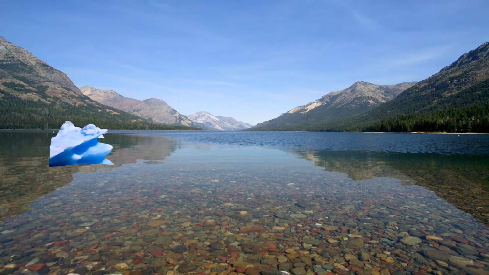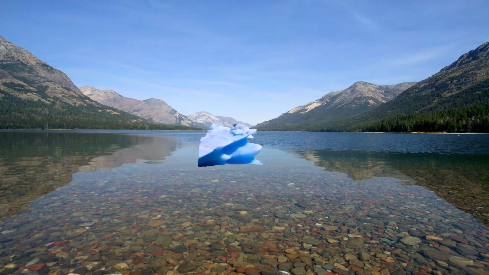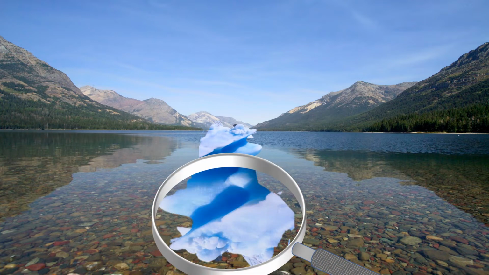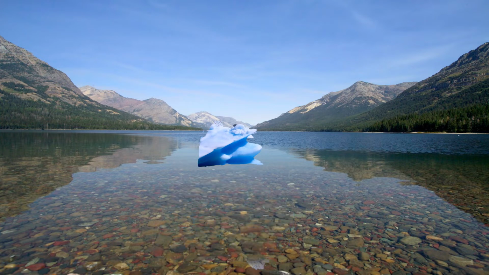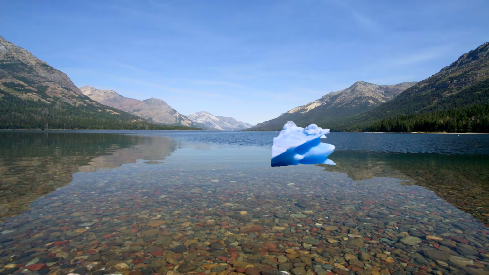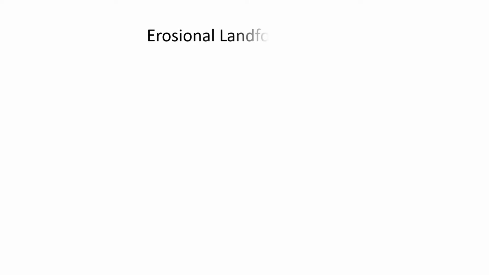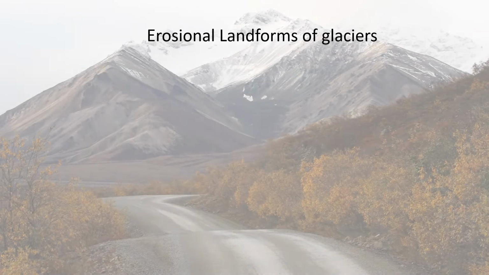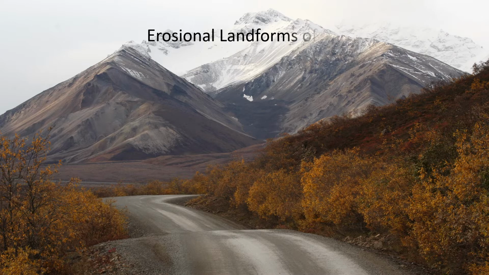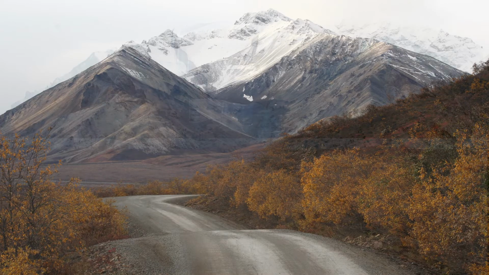Glaciers are large masses of ice found both on land and sea. This one is an iceberg, like we see in the film Titanic, two-thirds of it hidden underwater. Erosional landforms of glaciers. In a landscape like this, snow gets accumulated during the winter season.